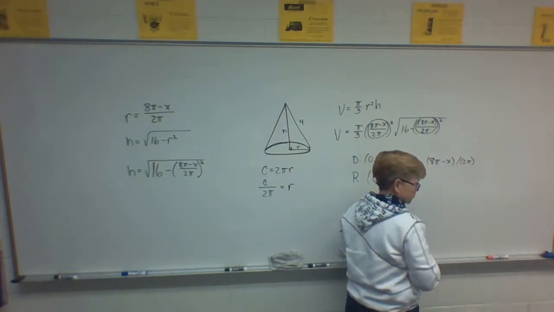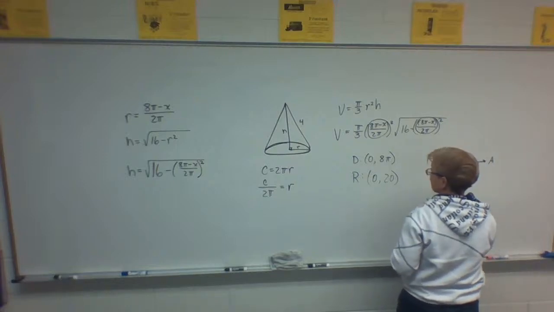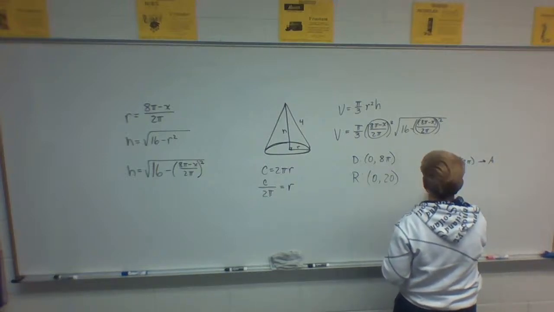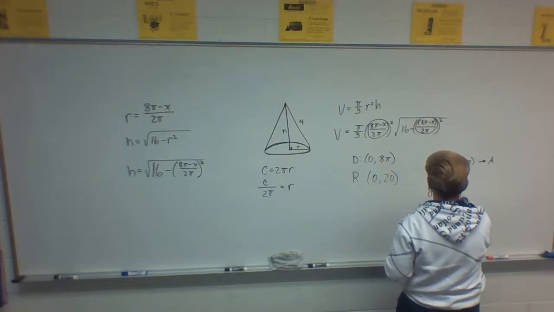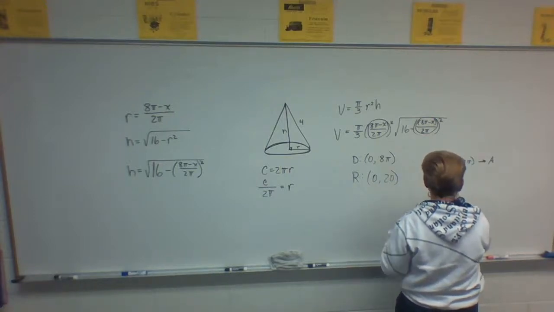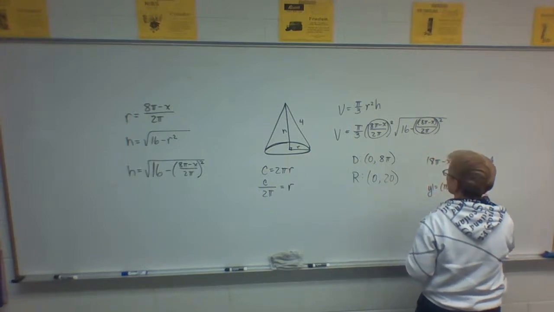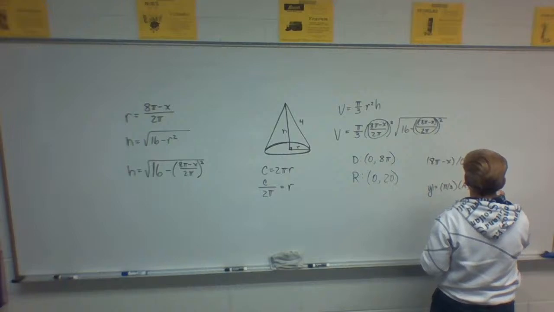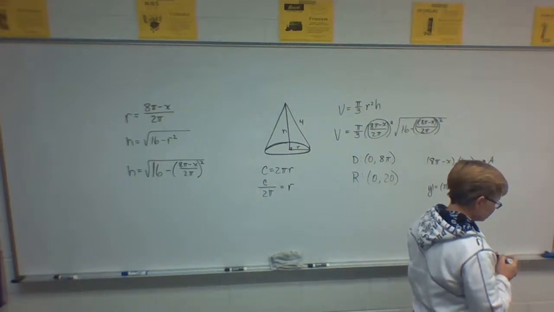And then store that in something, like a. Then when you type it in, y equals, and then you could do the pi thirds, and then parenthesis a squared, square root of 16 minus a squared. That would be a lot easier to put in. You do it in little pieces.